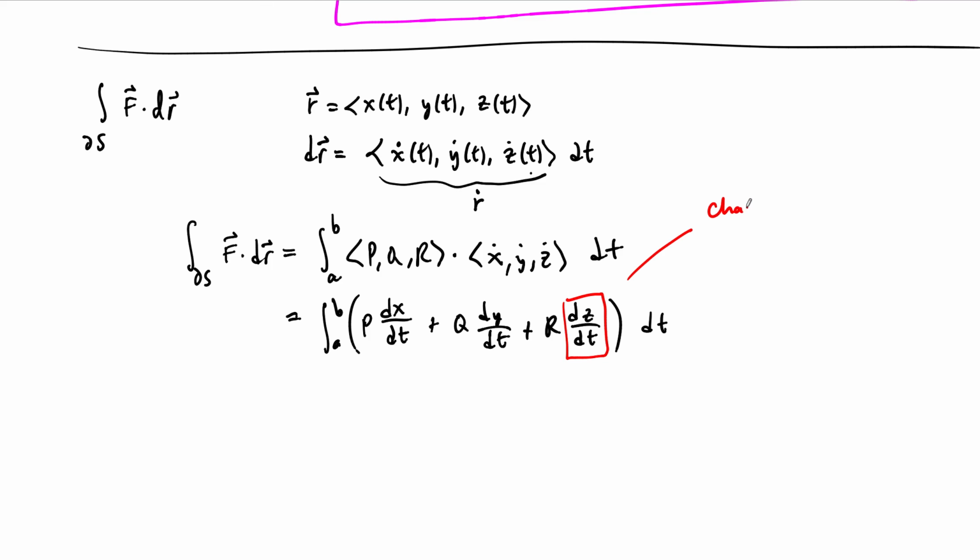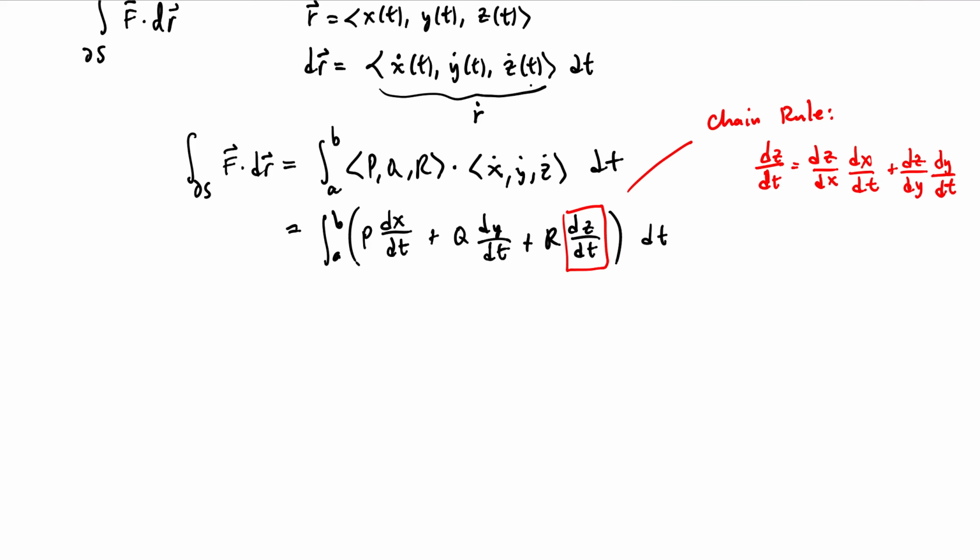So the chain rule, I'm sure you remember this from chapter 14 of our text. The chain rule says that if z depends on x and y, then dz/dt is equal to dz/dx times dx/dt plus dz/dy times dy/dt. Okay, that's just the chain rule that we learned in chapter 14. And when we do this, we can write this out.